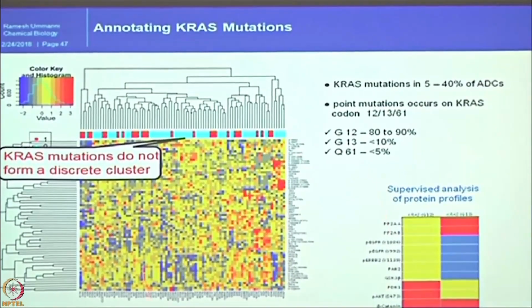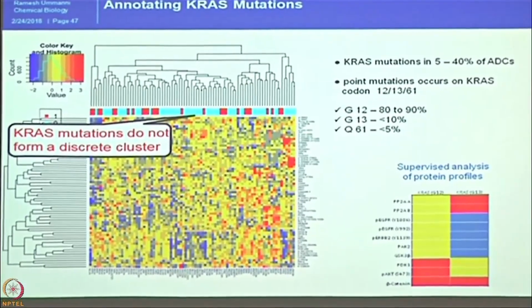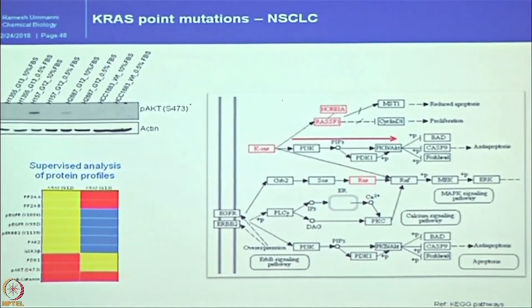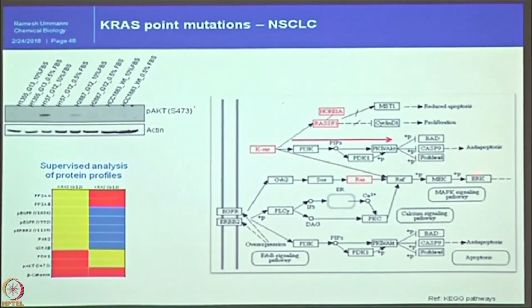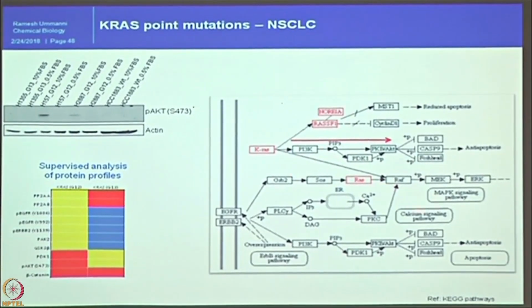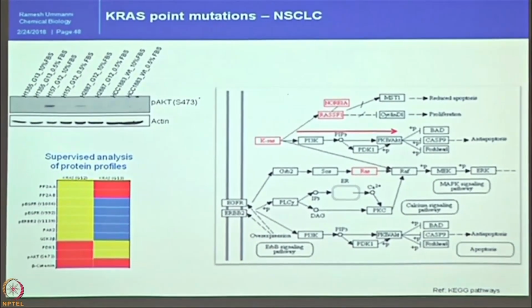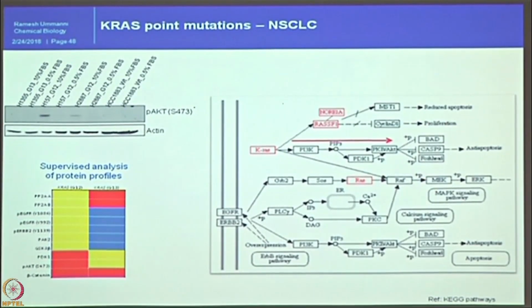So we tried to assign these proteomic signatures to the individual mutations we observed in the cell lines. With this we did some validation studies. KRAS mutation patients are usually treated with RAS-RAF inhibitors. Based on this expression pattern, we proposed that a set of patients with the G13 mutation should be treated with AKT inhibitors, not RAS inhibitors.